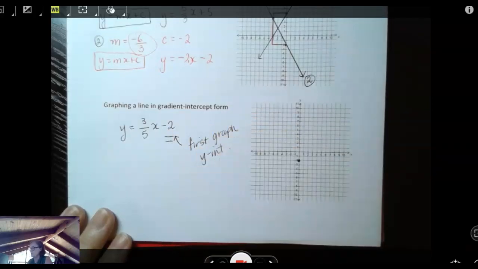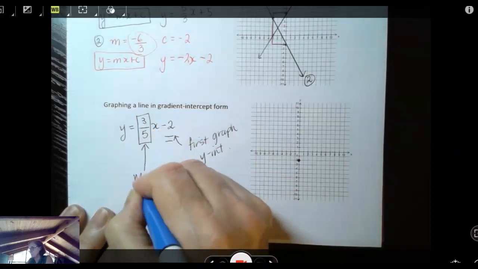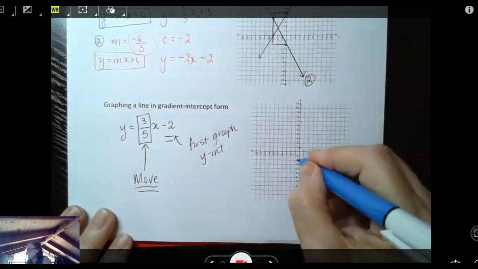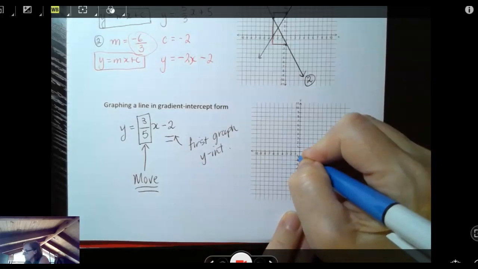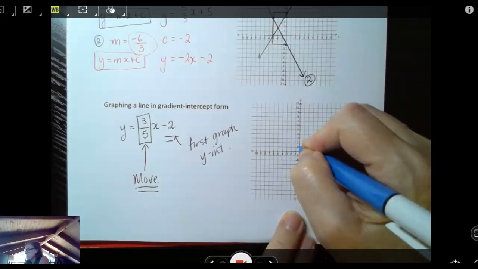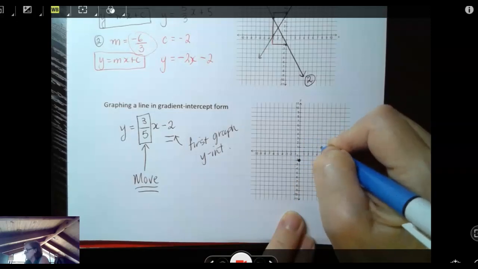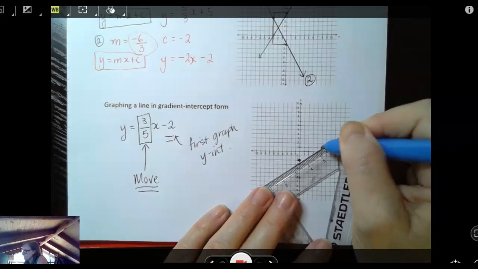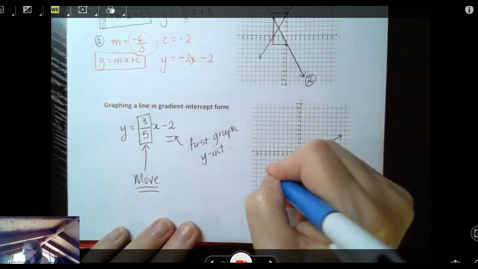Okay, the y-intercept first. Then I move in this direction. From this intercept, I go up 3, 1, 2, 3, and to the right 5. 1, 2, 3, 4, 5. So there's 2 movements that happen there. And I connect the dots with my line, put arrows on either end, and I'm done.